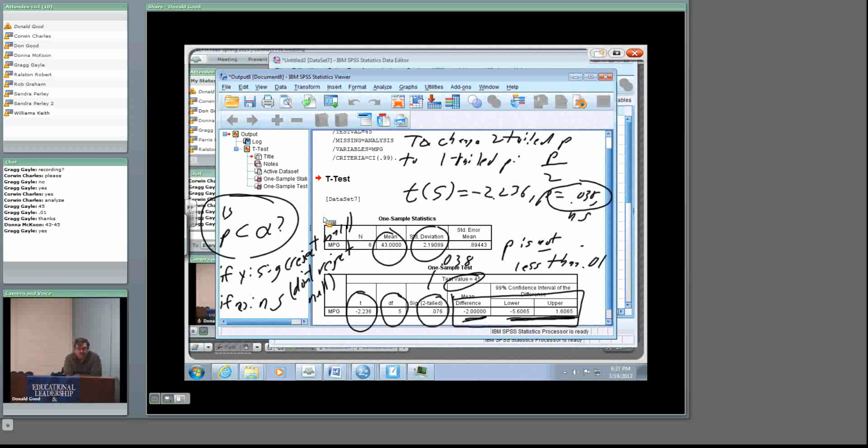If the difference could be 0, there's not a significant difference. It means there might not be a difference. That's not critical that you understand, except that when we write this up, we generally report the confidence intervals, but the software figures it out for you. 0 being in there is why it's not significant.